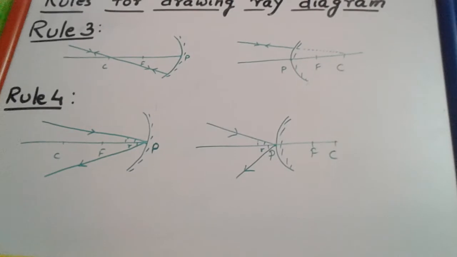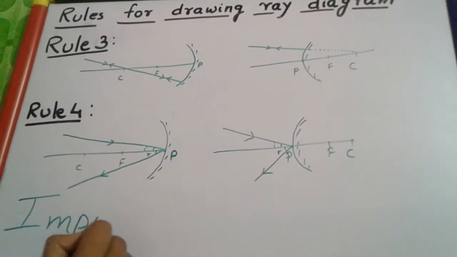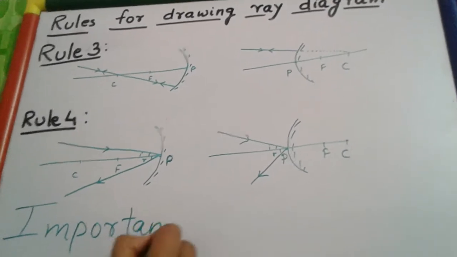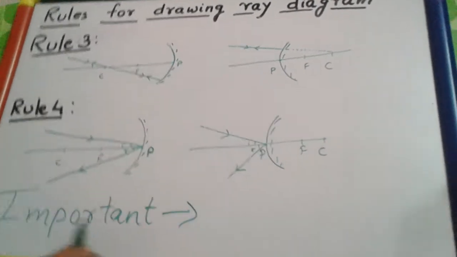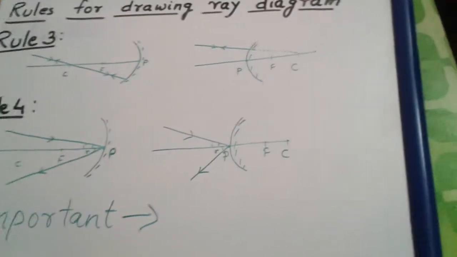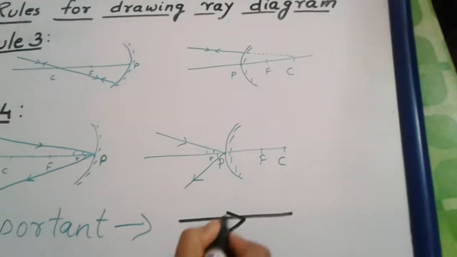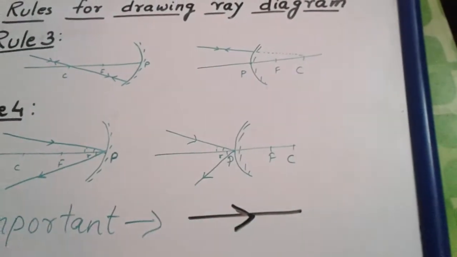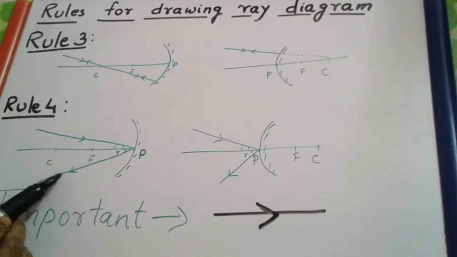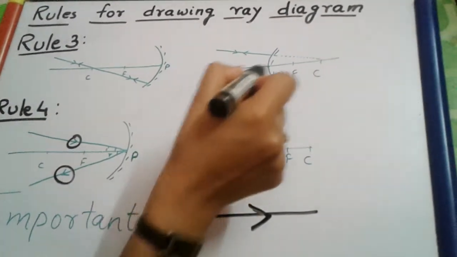Before that, a very important point you need to remember: do not forget to mark arrows. Whenever we mark any particular line, it should have an arrow. Incident ray, reflected ray. See, everywhere I have drawn this arrow, right?